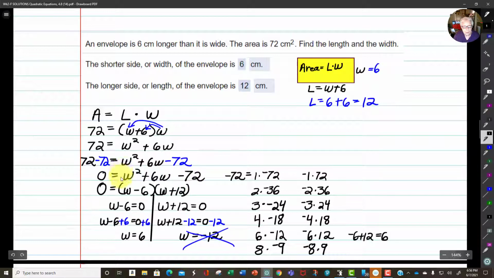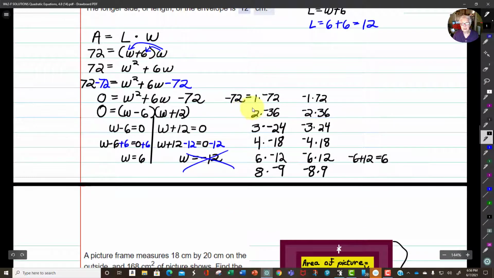Since there's an invisible 1 in front of W squared, factor the constant at the end, negative 72. I wrote down all the factors. 1 times negative 72, 2 times negative 36, and so on and so forth, and discovered that here are the numbers I want. Negative 6 times positive 12 is negative 72.